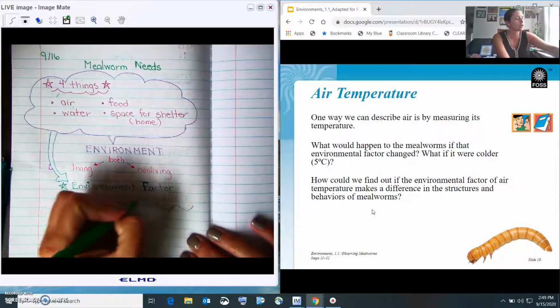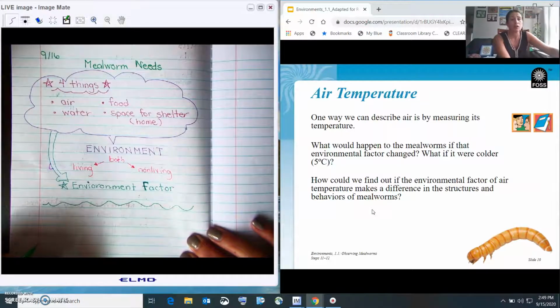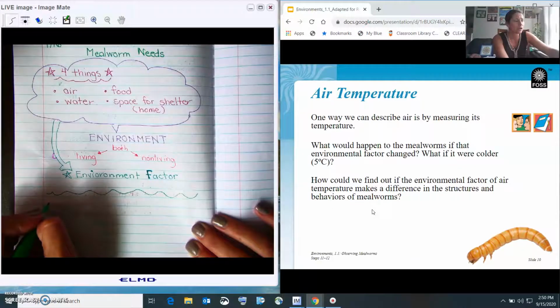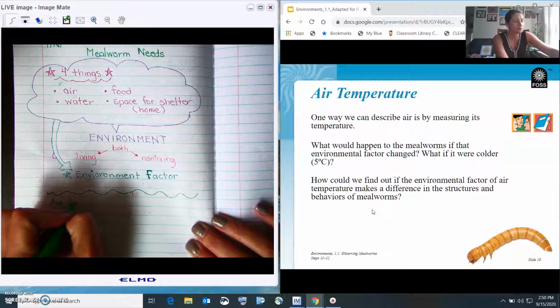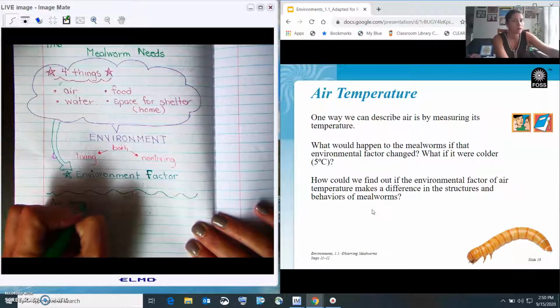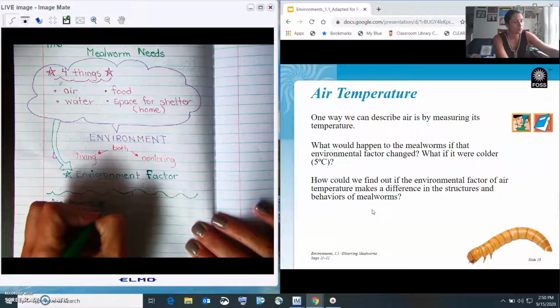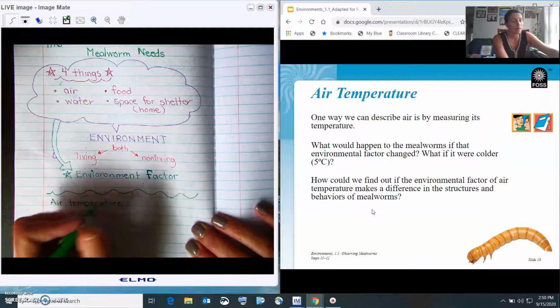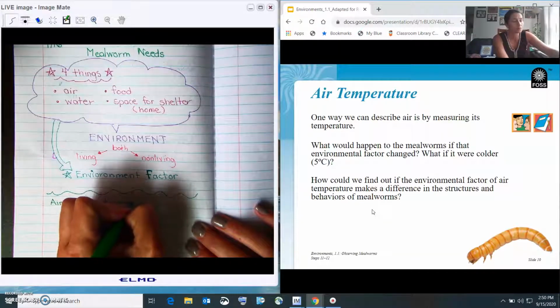I'm going to draw a little line here because this is where we're going to be doing our thoughts. In your notes, the question is, how could we find out if the environmental factor of air temperature makes a difference? So right here, we're going to put air temperature, and we want to make it colder.